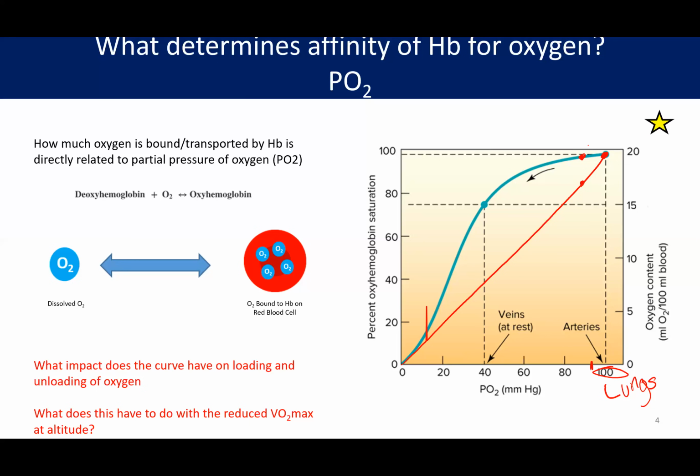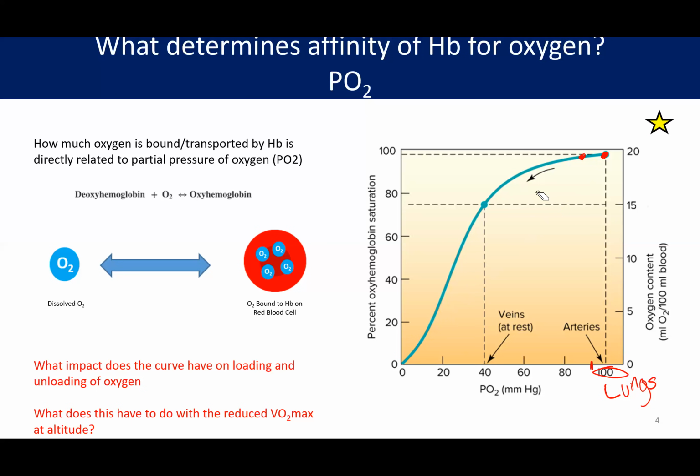We'd have less oxygen in our blood, which means less oxygen to deliver to the muscle. So we can't have as much going to the mitochondria, and we would have a low VO2 max, and we'd fatigue really quickly. Fortunately for us, we don't have this linear relationship. The curve is really nice. It protects us against small decreases in pressure due to altitude and other things.